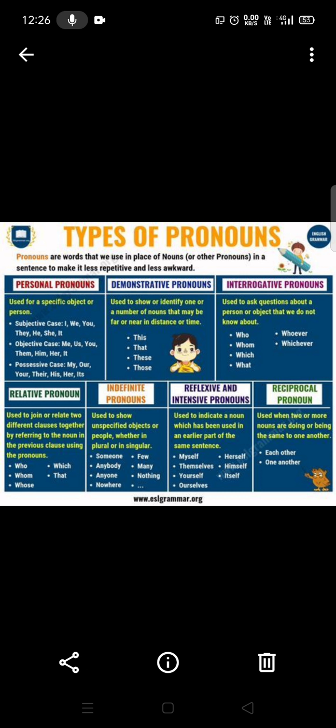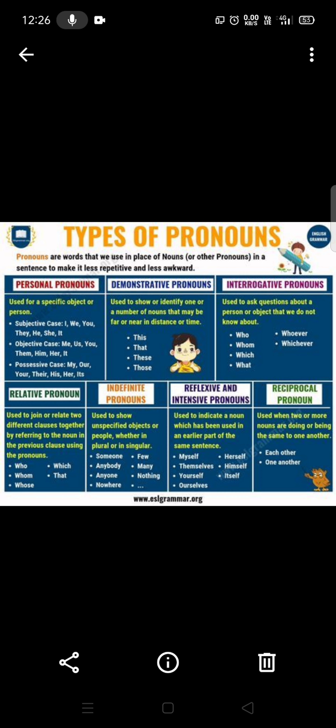Third person singular neutral gender: it in the subjective case, it in the objective case, and then its in the possessive case. And third person plural: they, them, their, and theirs.